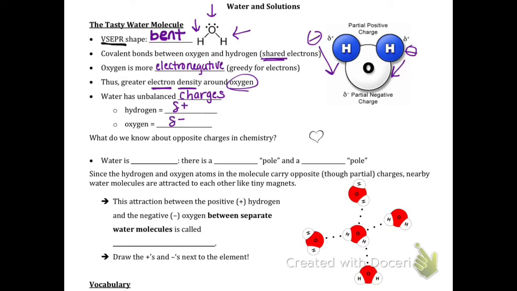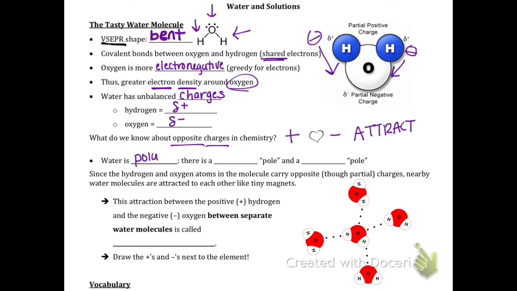And what do we know about opposite charges in chemistry? Opposites attract. They love each other. So anytime they see a partially positive or partially negative, they will attach to each other like little magnets, okay? When we say that it has unbalanced charges, we say that it is polar.